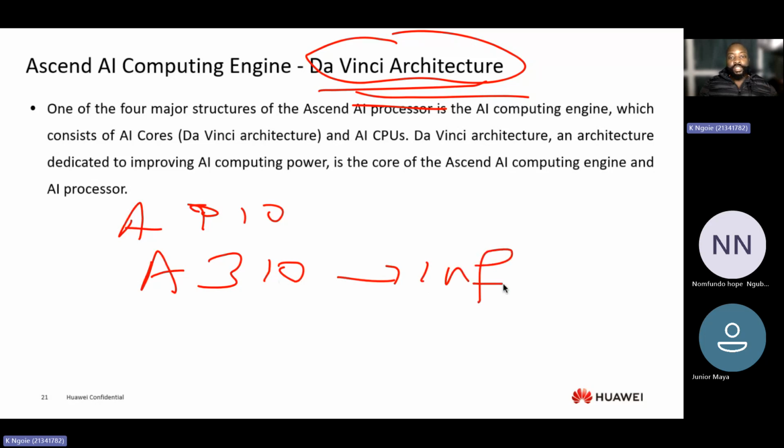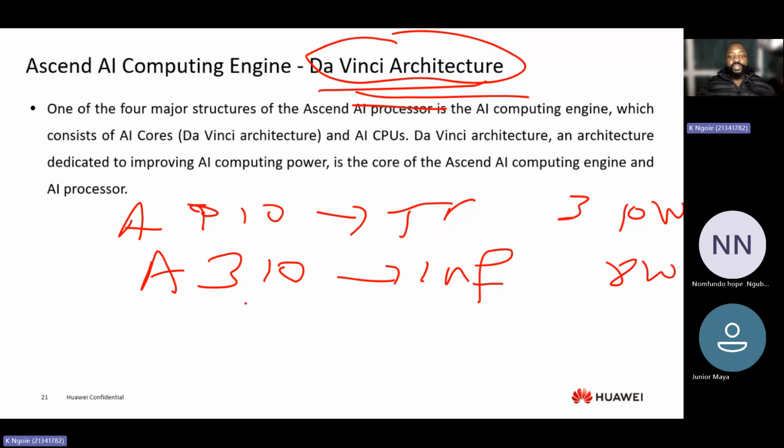It's built for inference, but the Ascend 910 is built for training. When we're talking about the AI core, that's dealing with power allocation. For example, the Ascend 910, in terms of power, uses about 310 watts. And then the 310 only uses 8 watts.